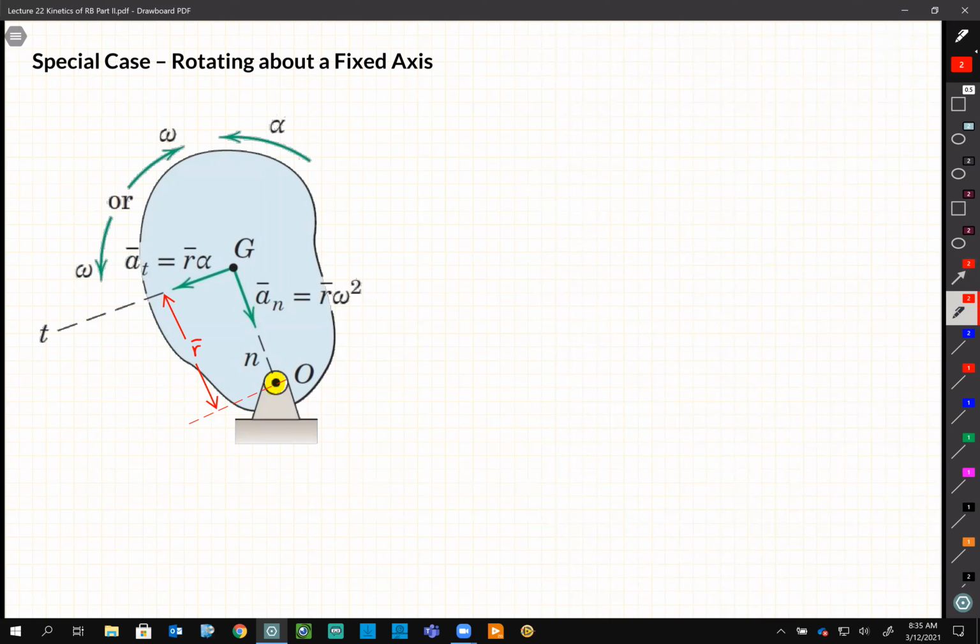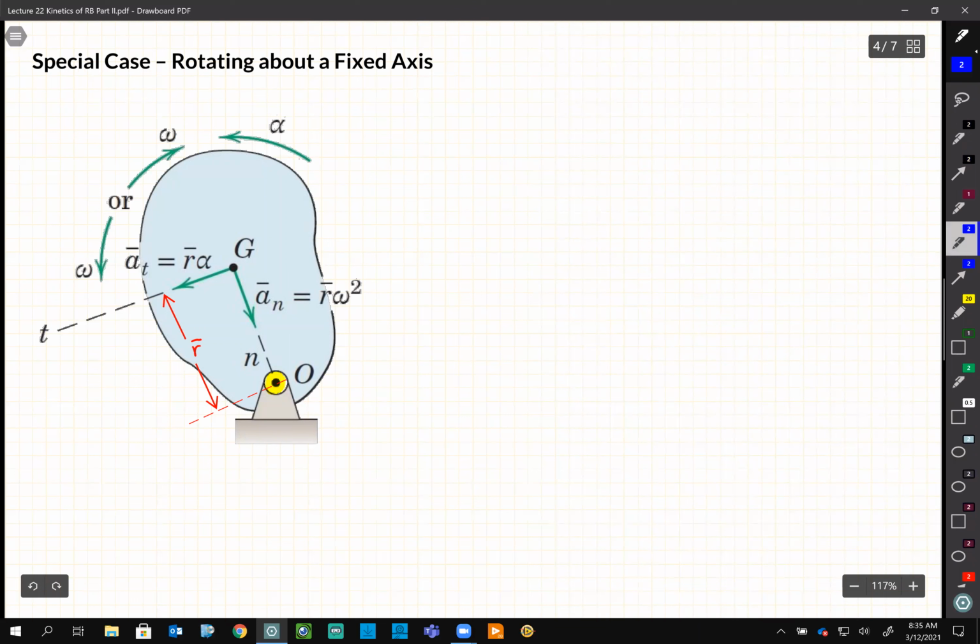Okay, so if you guys agree on these two components of acceleration, AT and AN, R alpha and R omega squared, then let's write down the equation of motion for this guy. So let's write down the second law, the sum of the moment about point O is equal to, what should I write? So let's move back to our formula.